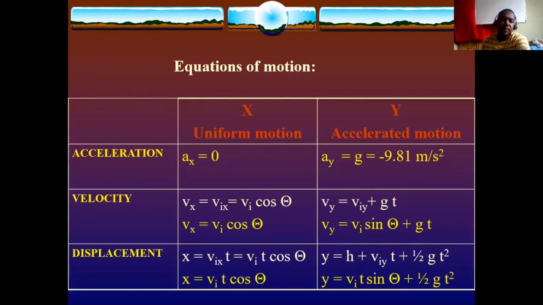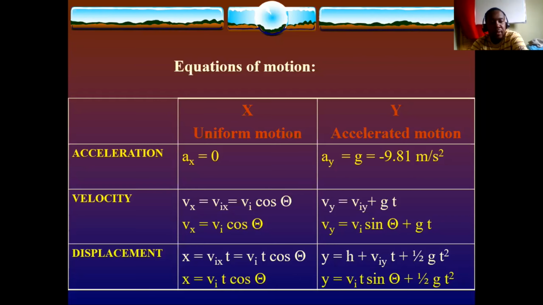So in this case, your acceleration in your x is 0 again, in your y is equal to g. Your velocity in your x would be vi, so your initial velocity cos theta. For your y, vy is equal to vi sine theta, right, plus gt, that's your vy at any point.